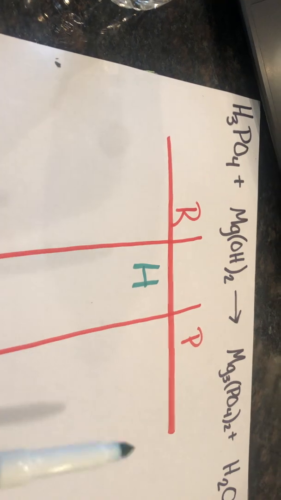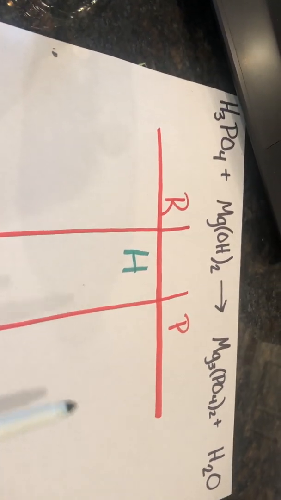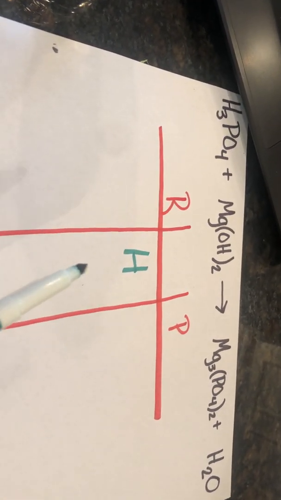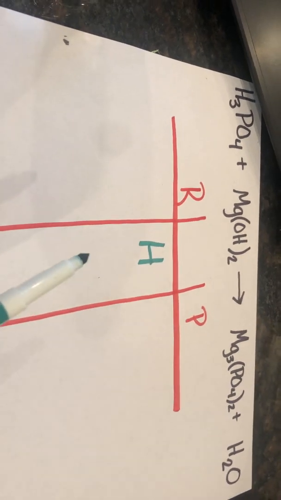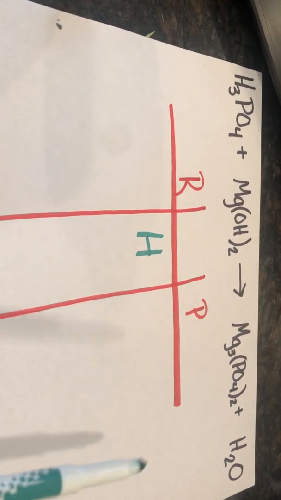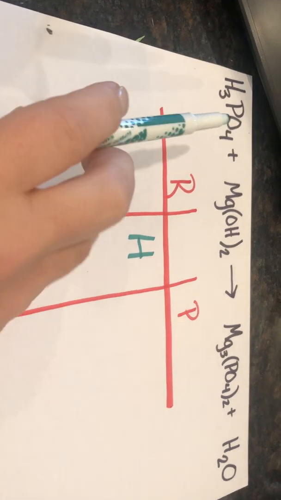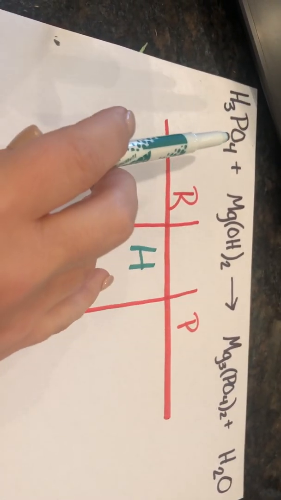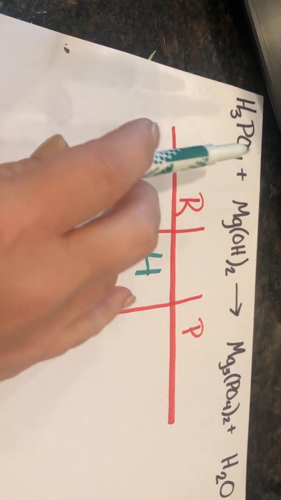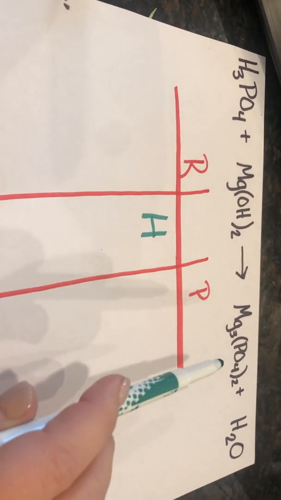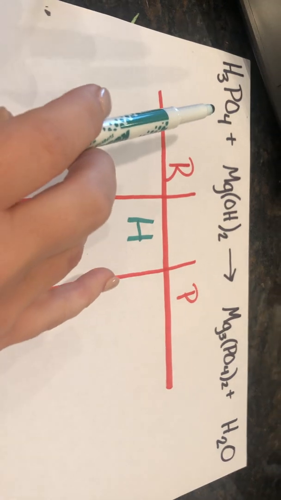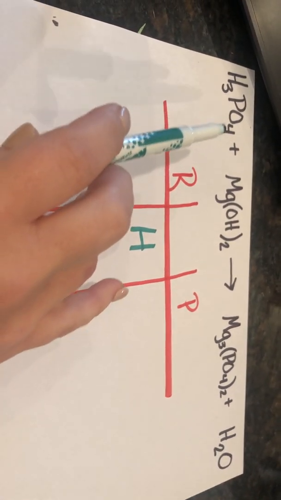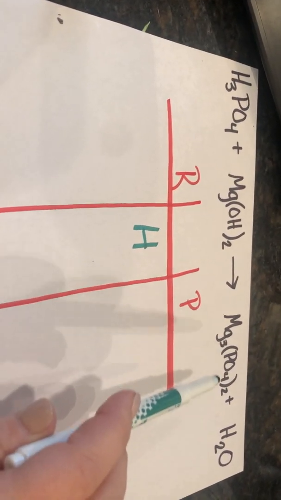I said keep your polyatomic ions together, remember it says when you can. This is a perfect example of when you cannot. If you have a polyatomic ion, it has to appear as the polyatomic ion on both sides of the arrow. Does PO4, PO4, PO4, yes.